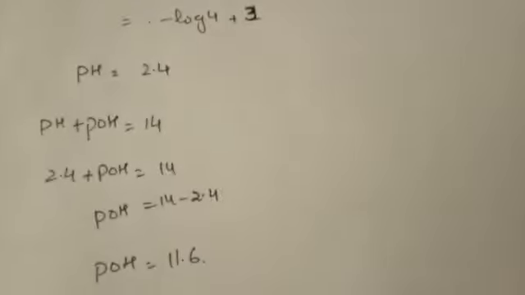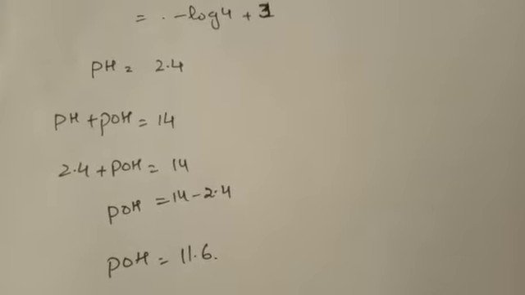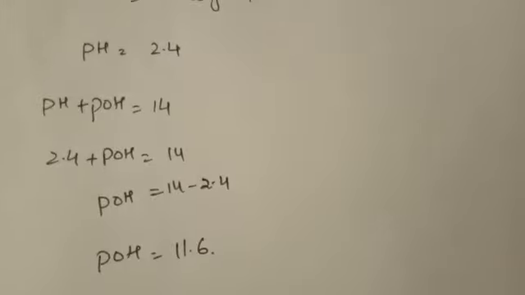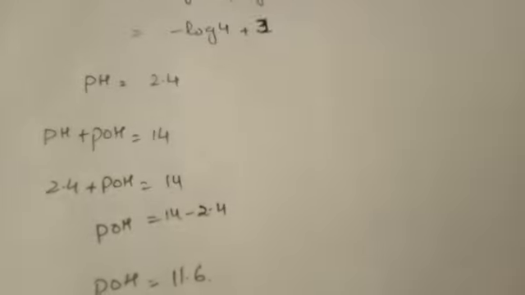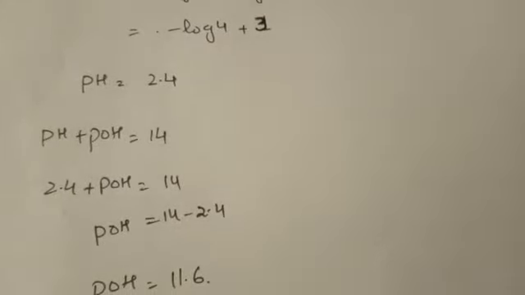The value of pH is 2.4, and pH plus pOH is equal to 14. By putting in the value of pH we find the value of pOH, which is 11.6. These are the three numericals included in your syllabus, and we have found their solutions. So thank you.